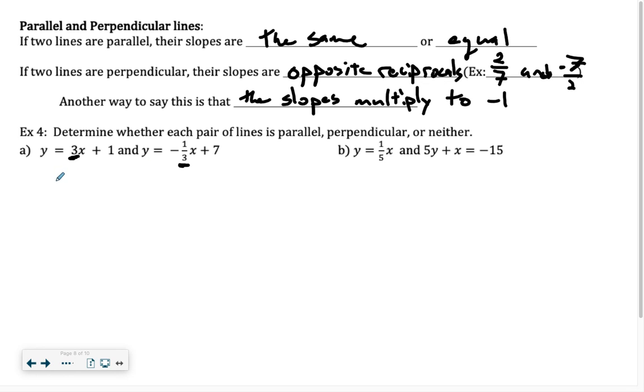In this case, my slope is 3. In this case, my slope is -1/3. So these two values, 3/1 and -1/3, are opposite reciprocals. That means that these two lines are perpendicular.